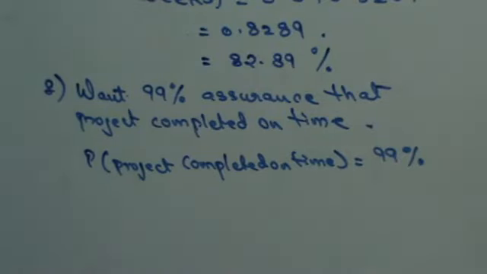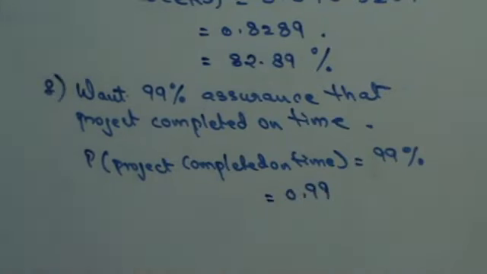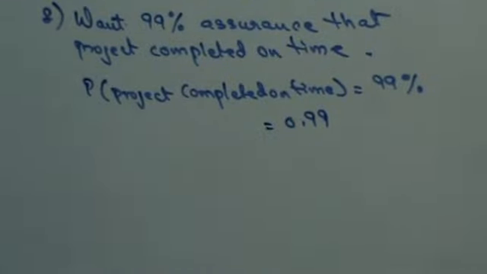If I have to represent this as a fraction, I divide by 100, so this is going to be 0.99. So the probability that the project will be completed on time is 0.99.